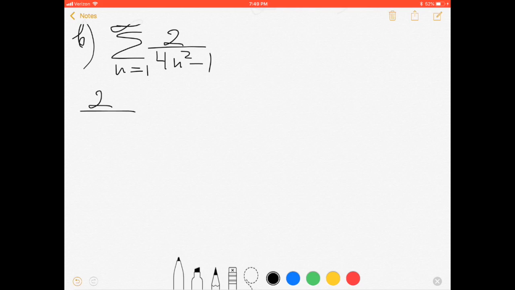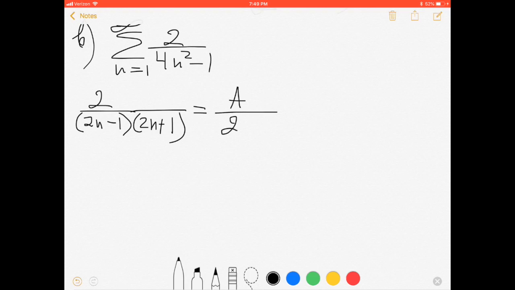This means 4n squared minus 1, we can factor like 2n minus 1 times 2n plus 1. Okay, this means I have one fraction with denominator 2n minus 1, plus a second fraction with denominator 2n plus 1.